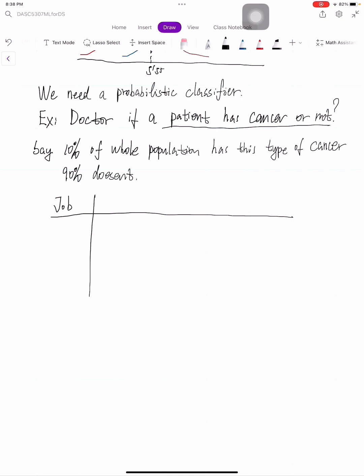For example, based on the survey from each of the patients the doctor has seen before, suppose the doctor also knows the occupation of each patient. For example, the person's job could be a miner or a farmer or other.